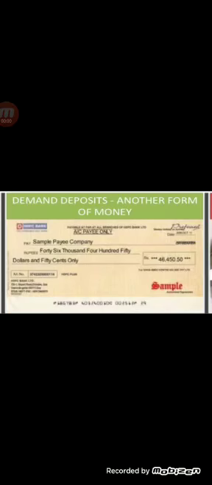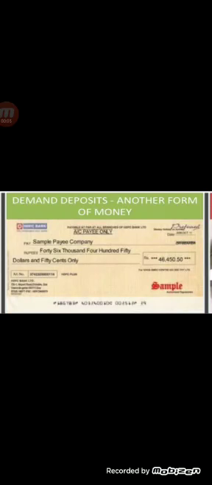In India, the Reserve Bank of India issues currency notes on behalf of the central government. As per Indian law, no other individual or organization is allowed to issue currency. Dear students, this is a picture of demand deposit.